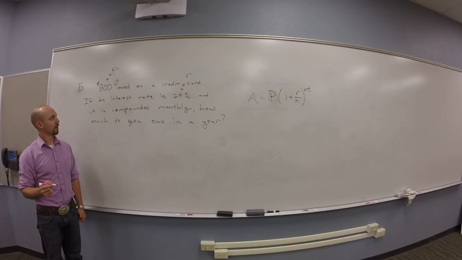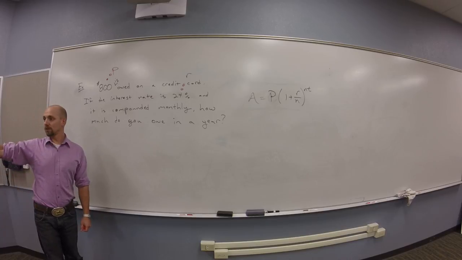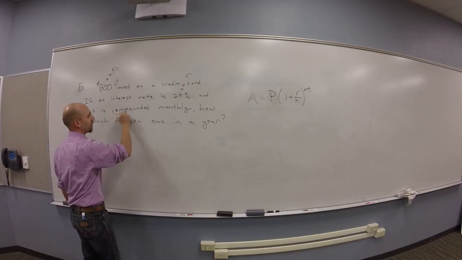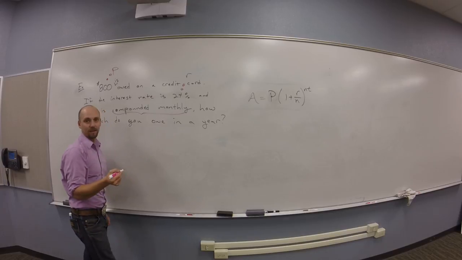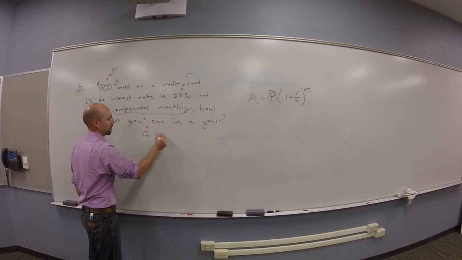Okay. What else? Is n 12? Good. You guys see that? So we're compounding monthly, right? That means there's 12 periods in a year.